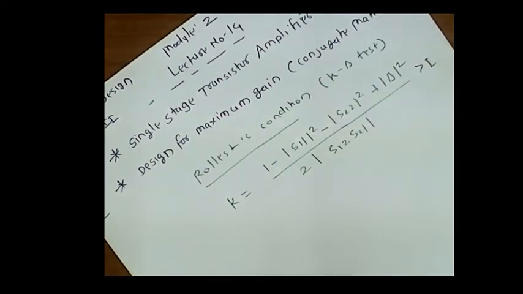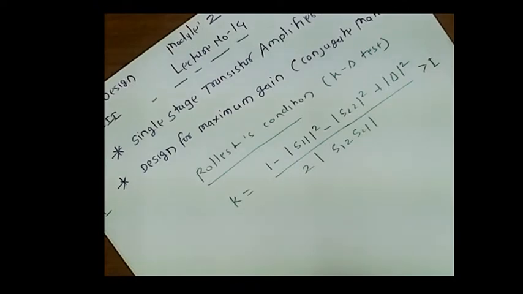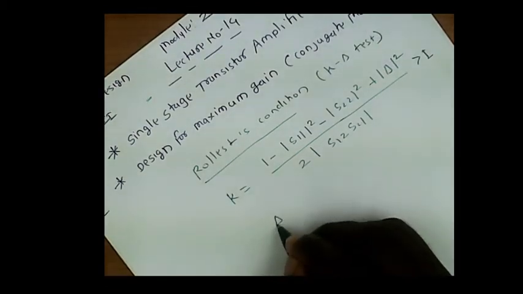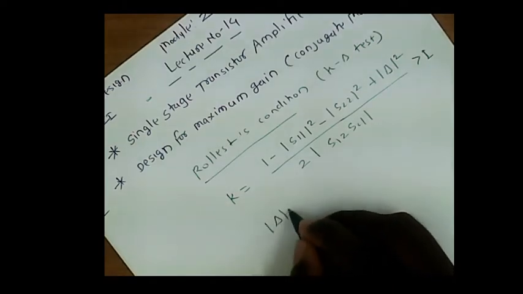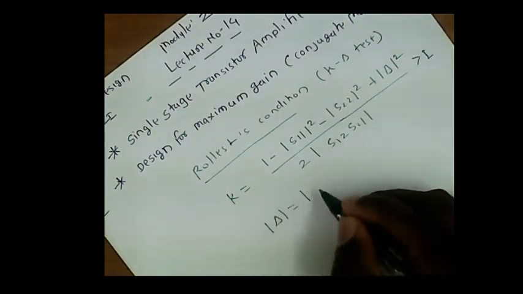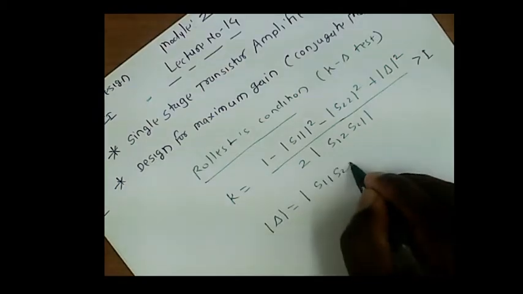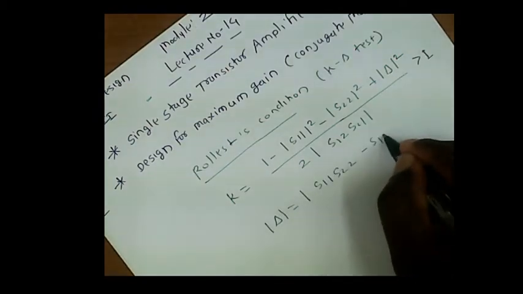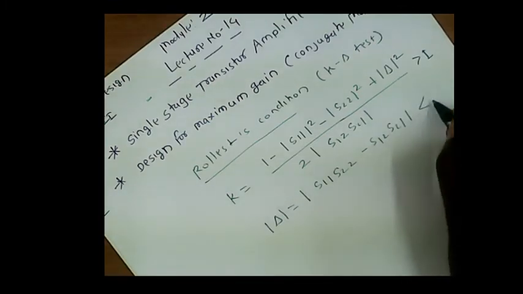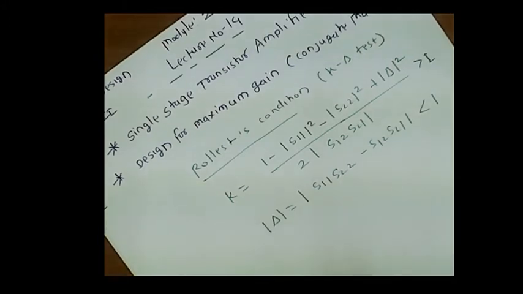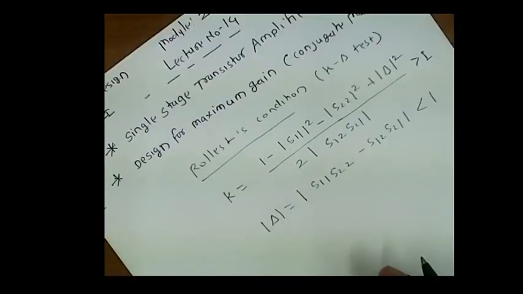This is the first condition to test the unconditional stability of the transistor. Then the second auxiliary condition is that delta, the determinant of the S parameters, S11 S22 minus S12 S21, is less than 1. So these are the two conditions, and one more condition is to be checked.